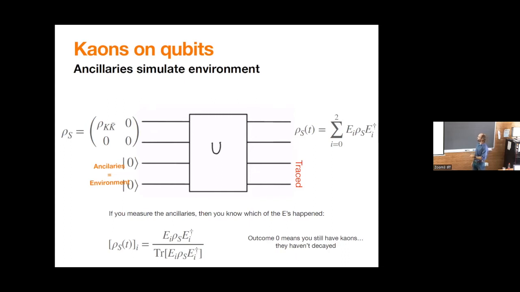I have some big overall unitary that I figure out how to implement that non-Hermitian Hamiltonian and create that Kraus operator decomposition for the evolution of this after I trace out over those ancillaries. So it's up to me to design what that U is that implements the physics that I want. The states of these ancillaries over here tell us which of those 3 E's actually happened, whether the kaons oscillated or they decayed, right?